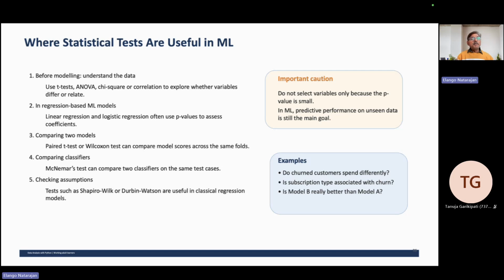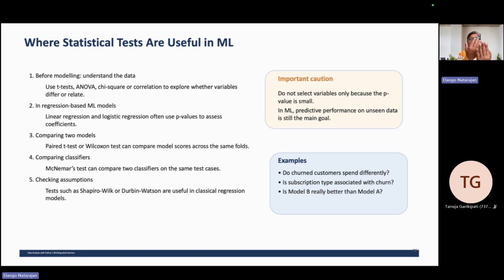Next, you may compare two models. For instance, for your analysis, you are developing two different classification models. Let us take, for instance, a random forest model as well as an XGBoost model.